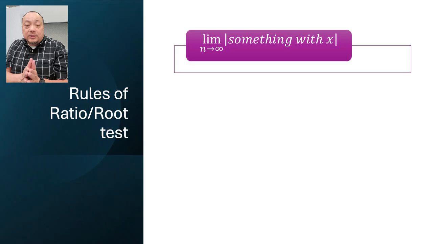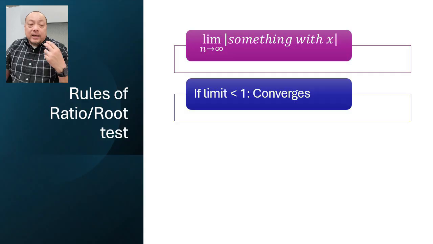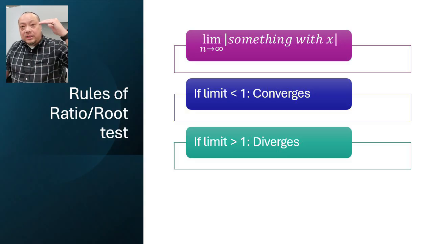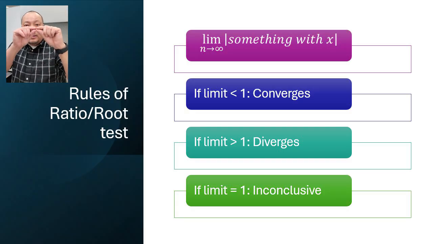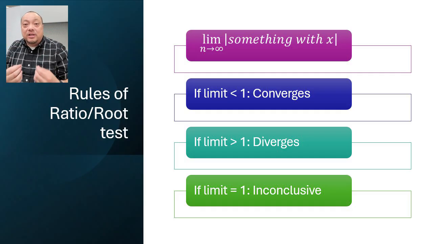First of all, the inside of the absolute value will have expressions in x. And the rules for both the ratio and the root test are that if the limit is less than 1, then the series converges. If the limit is greater than 1, then the series diverges. If the limit is equal to 1, right in between, then the tests are inconclusive.